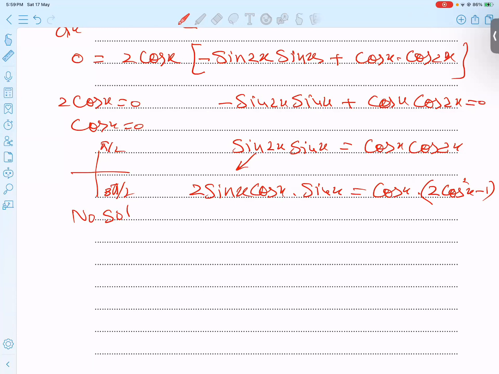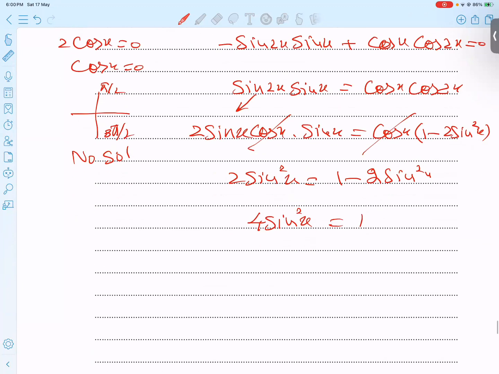Or I can do, because I have a sine into sine square available, another formula. What is another formula, students? That is 1 minus 2 sine square x. This cos cancels out, and I get 2 sine square x times 1 minus 2 sine square x. It goes there, and I got 4 sine square x equals 1. And here, students, sine square x equals 1 over 4.